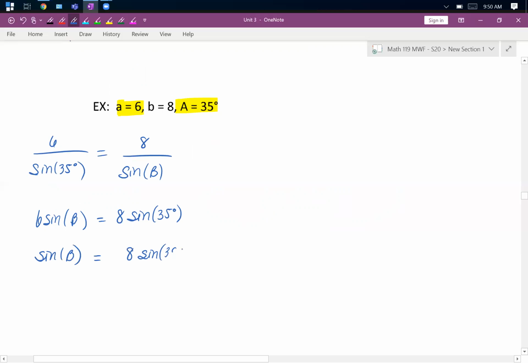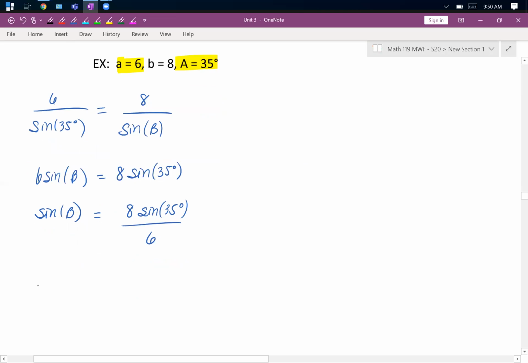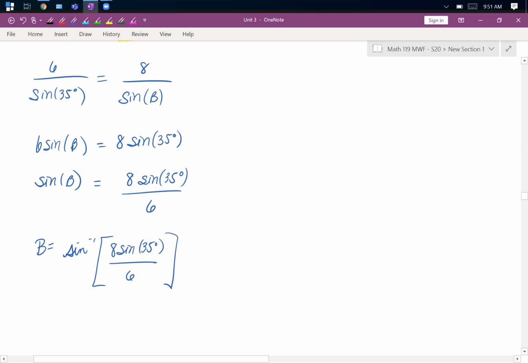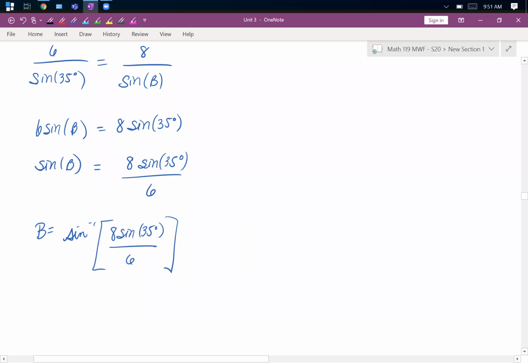You could simplify that 8/6 if you felt like it, but I probably wouldn't, just plugging into my calculator anyways. B is going to be sine inverse of this fraction here. And we'll plug in.